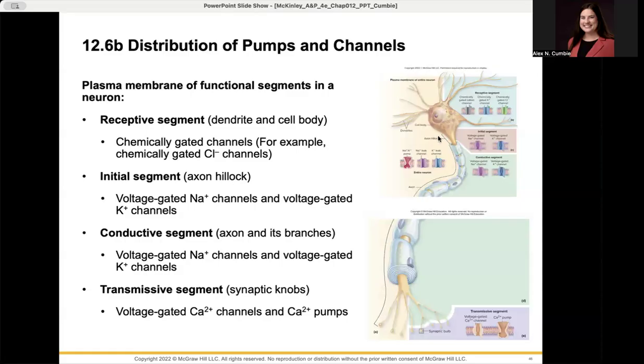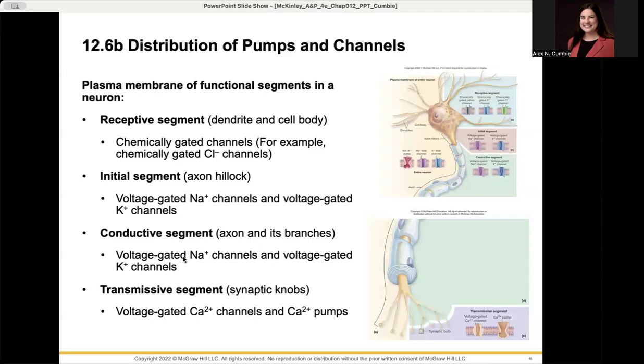The initial segment is at the axon hillock. There are just voltage-gated sodium channels here and voltage-gated potassium channels. The axon hillock is kind of where all of those electrical potentials culminate. And so we have a lot of incoming sodium and maybe some outgoing potassium. And this is where we might do something called summation, where we get the total of whether we're going to do an action or not do an action.